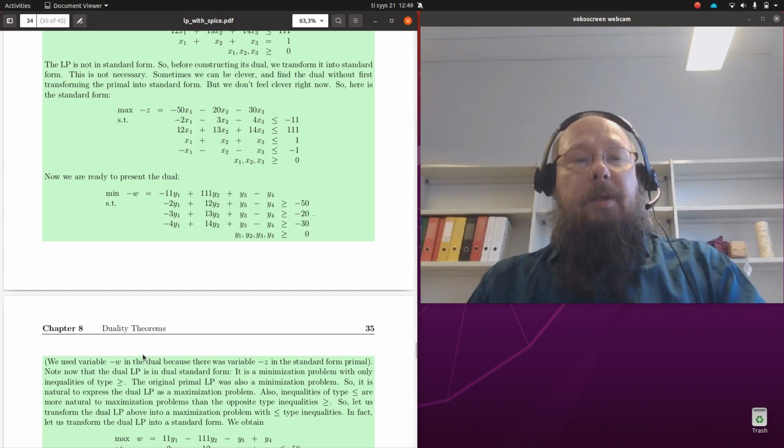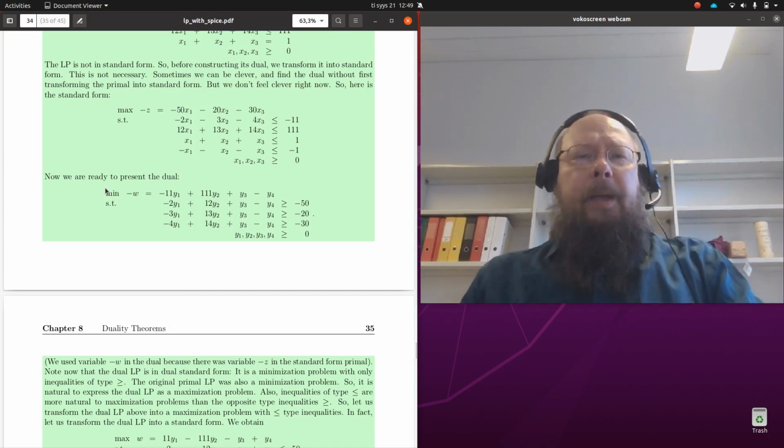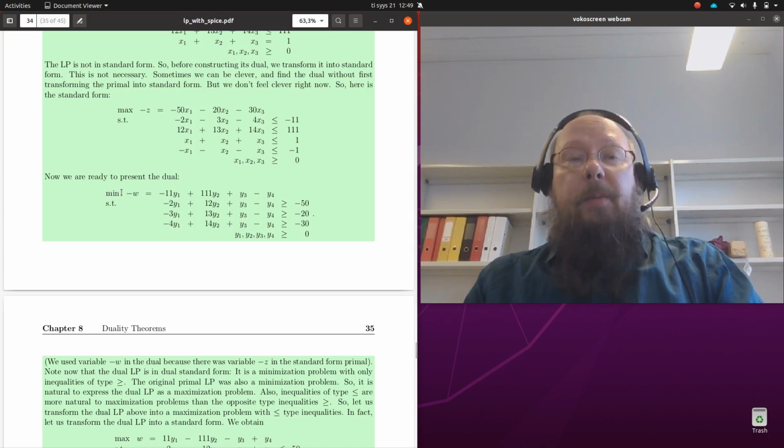So let's just present this in a standard form. It's pretty close to a standard form. It's easy to do, and somehow it seems natural. There's a minimization of minus W, so that would be a maximization of minus minus W, which is just a maximization of W. And what about here? We have lower bounds and negative signs.